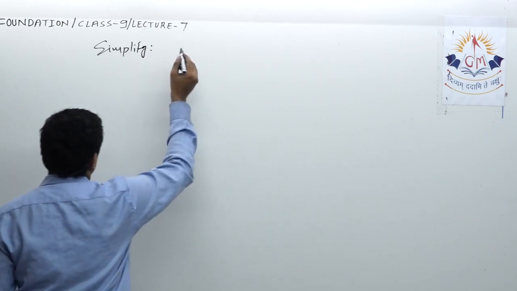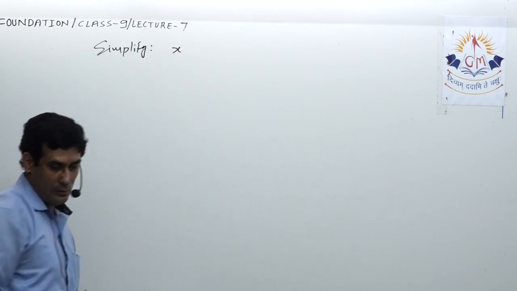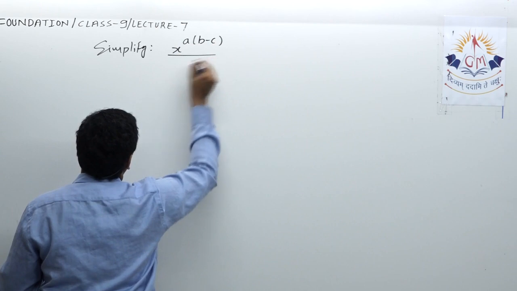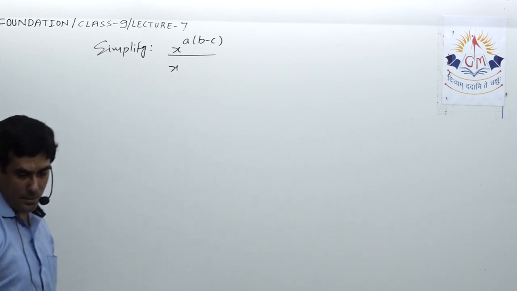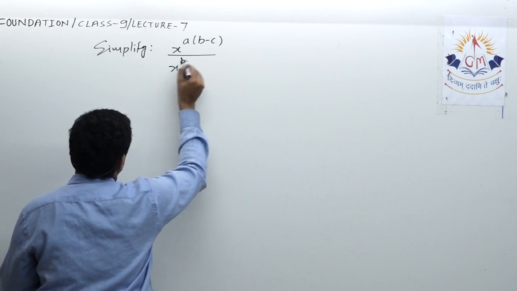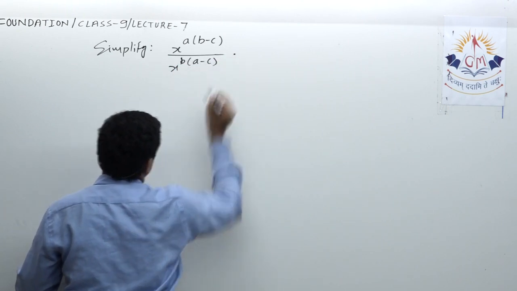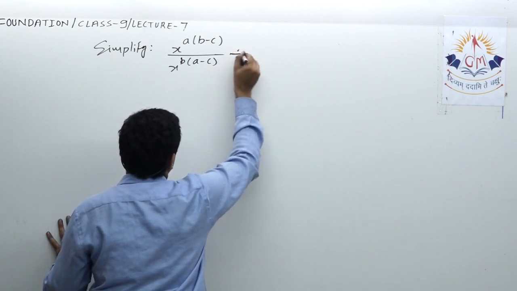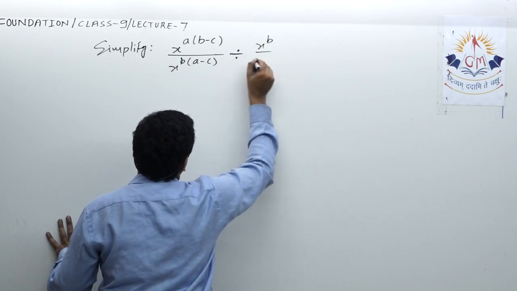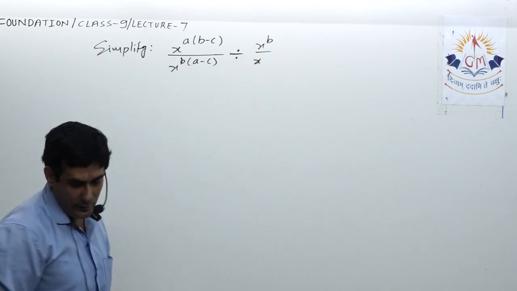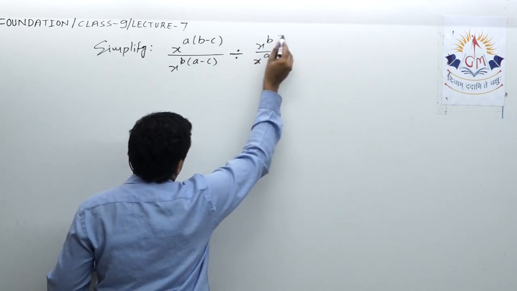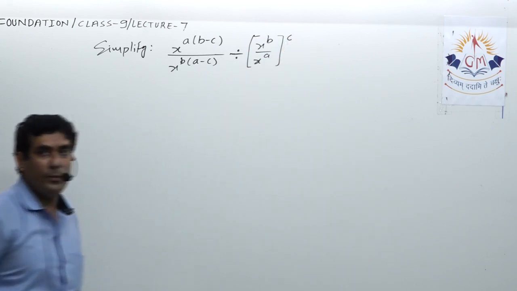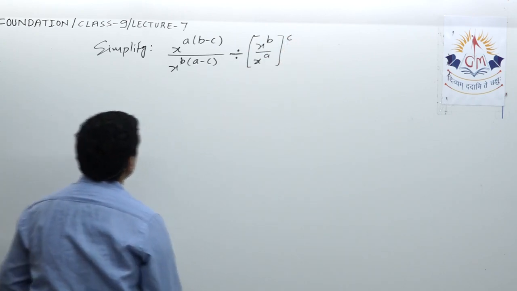In this very first question is x raised to a into b minus c upon x raised to b into a minus c, divided by x raised to b upon x raised to a, raised to c. Okay, we have to simplify this or evaluate, whatever you consider.